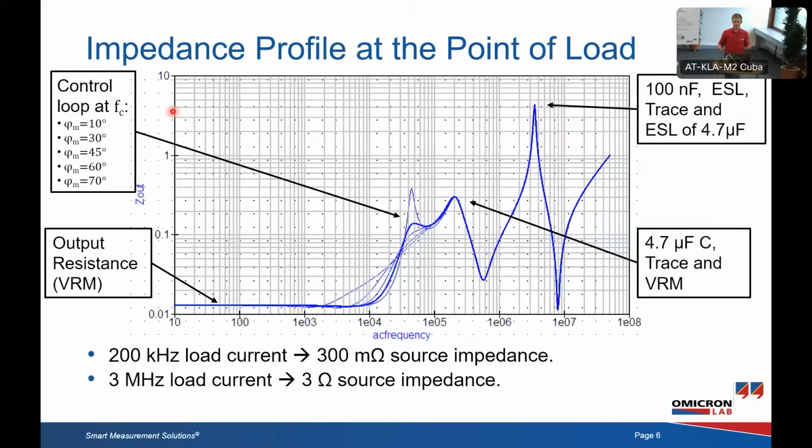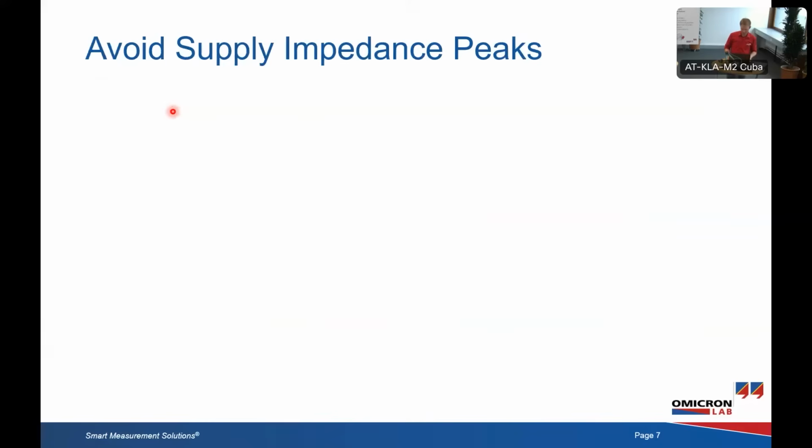And that's even worse, because that would mean that we would have a 3 volt drop in case we have a 1 amp load stepping with 3 megahertz, or with a fundamental content at 3 megahertz that is 1 amp. Then we would see a voltage drop of 3 volts in that frequency range, which of course is way too high, or could be way too high.